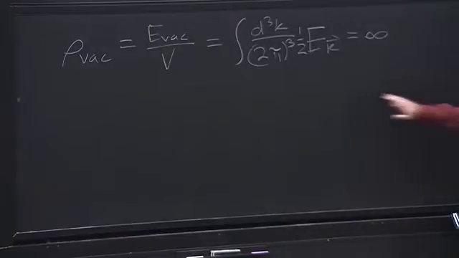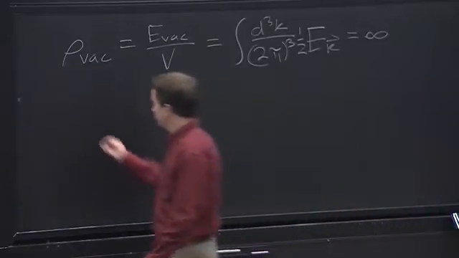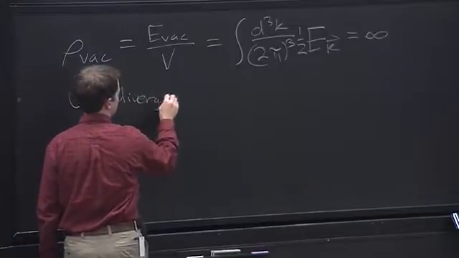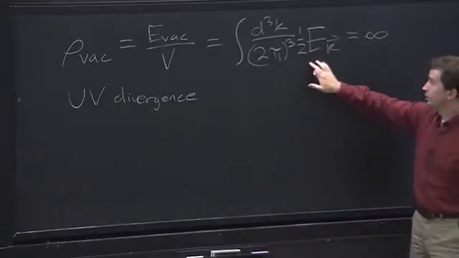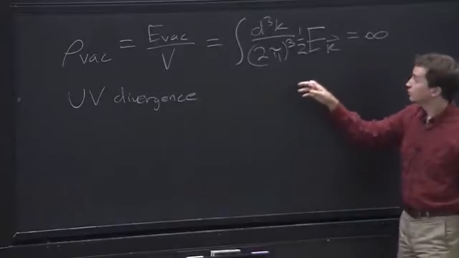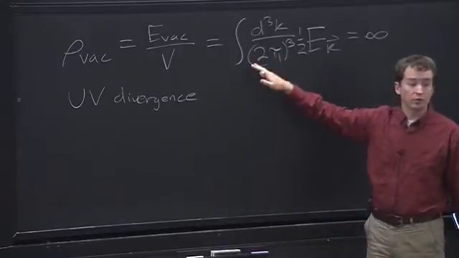But this infinity has a different origin. So this is what's known as a UV divergence. And the reason that this integral is infinity is because of the large k limit. So there's no problem near k equals 0.